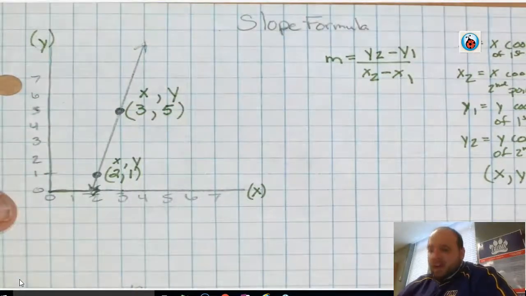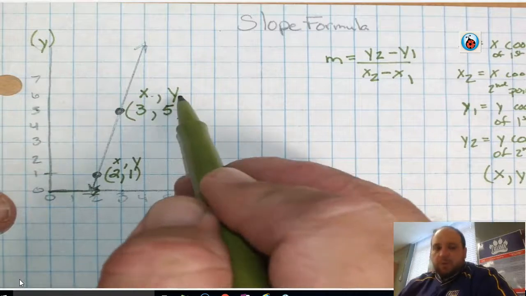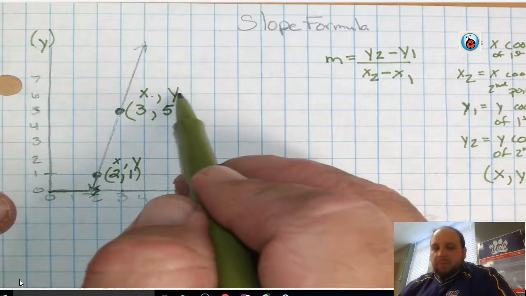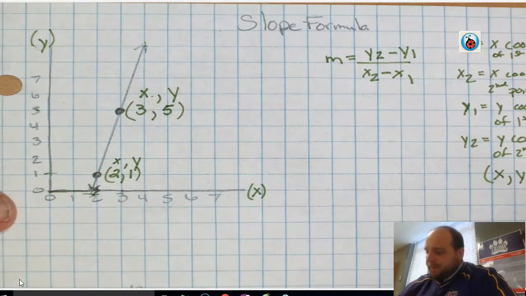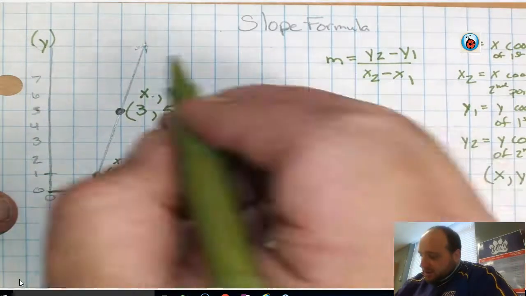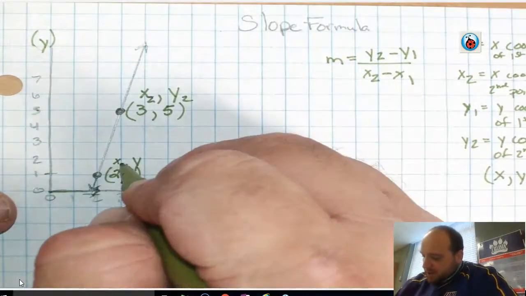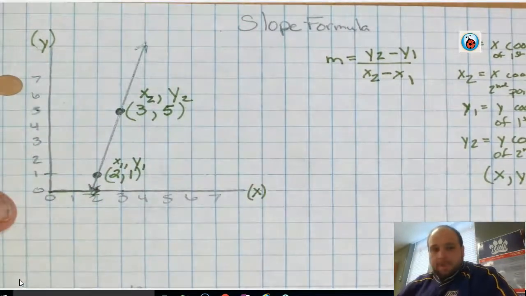From here, now I just label them 1s and 2s, and I can do whatever I feel. I can either label both of these 1s, or I can label them both 2s, but they must be labeled with the same number, okay? For this problem right here, I'm going to go ahead and label these 2s, and then these are going to be 1s, okay?